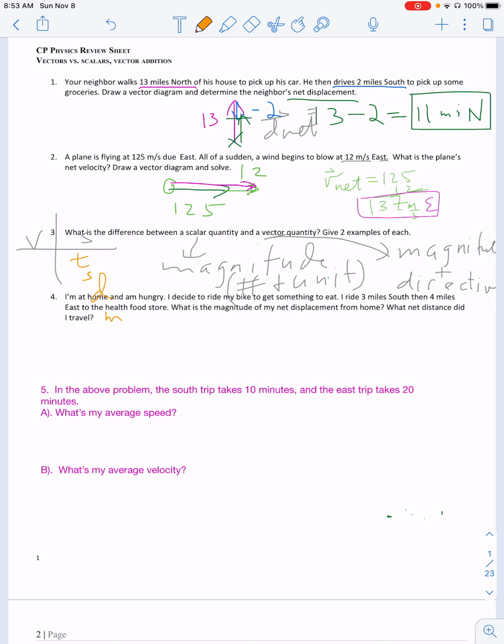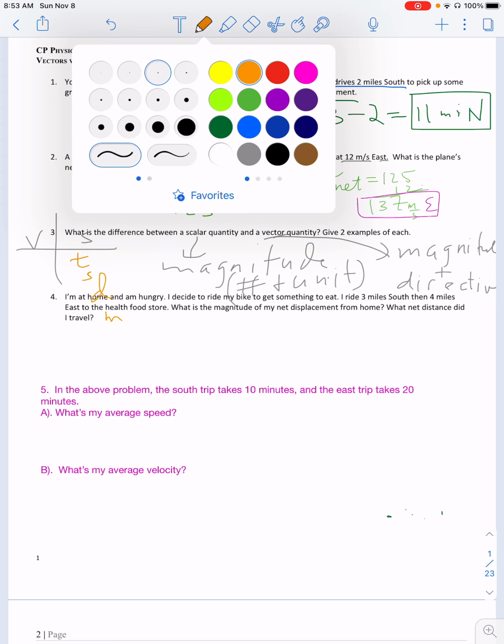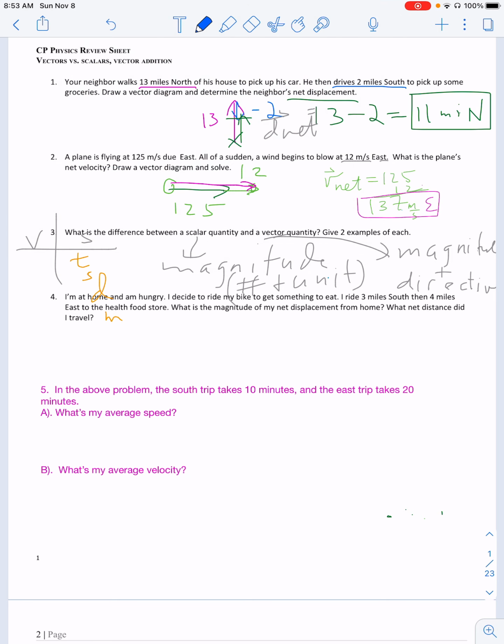Okay, examples of vectors would be, not time, but velocity, displacement, force, acceleration. Okay, those are the ones we talked about so far.